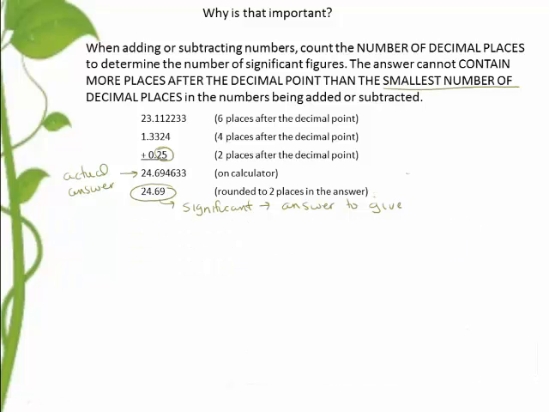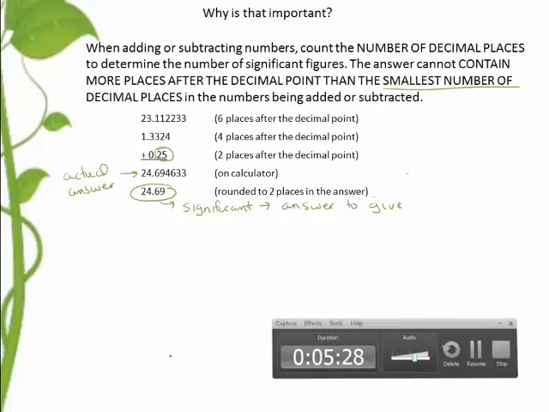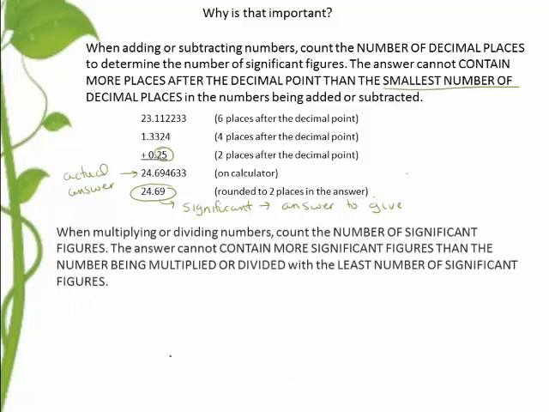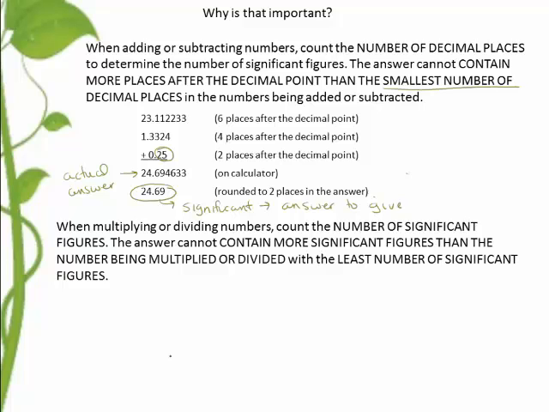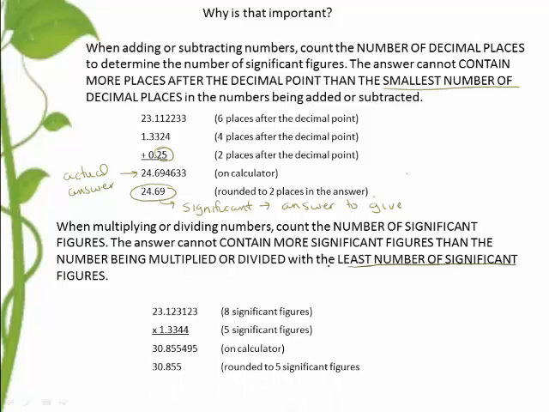So when we talk about multiplication, it's a little different. When we multiply our significant figures, our answer cannot contain more significant figures than the numbers being multiplied or divided with the least number of significant figures. So when you add or subtract, it's the smallest number of decimals. When you multiply or divide, you're talking about the actual total number of significant figures. So if we look at an example, we're multiplying.